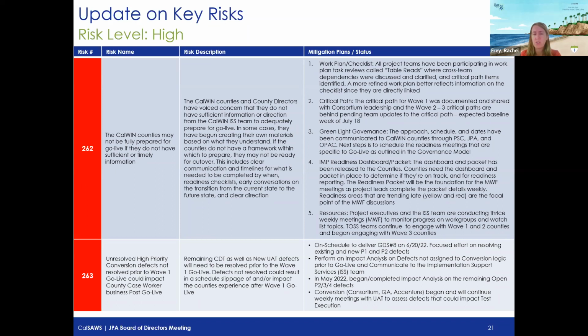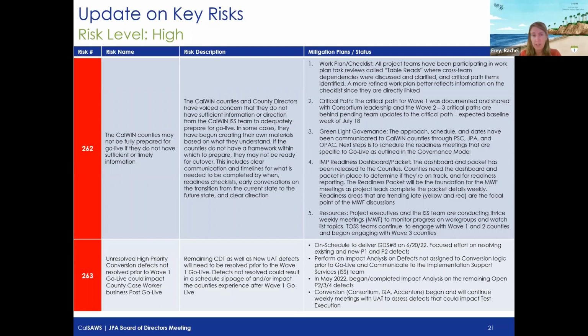For 262, we've been tracking this to make sure that we're providing the counties with the information they need to be prepared, separate and distinct from the project and the system being ready, but the county's actual preparation and readiness for go live.